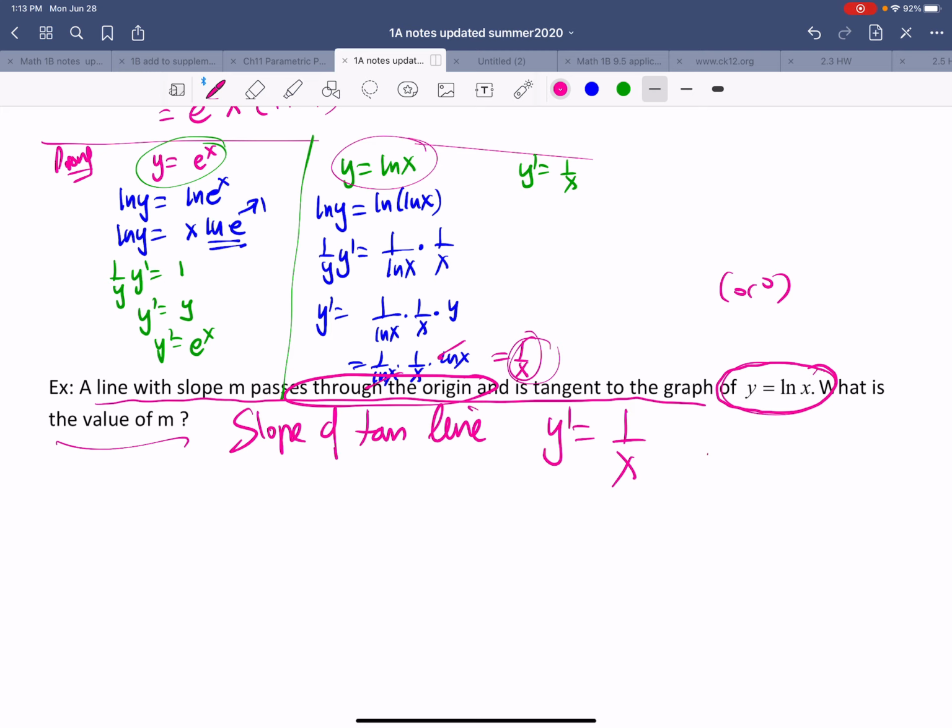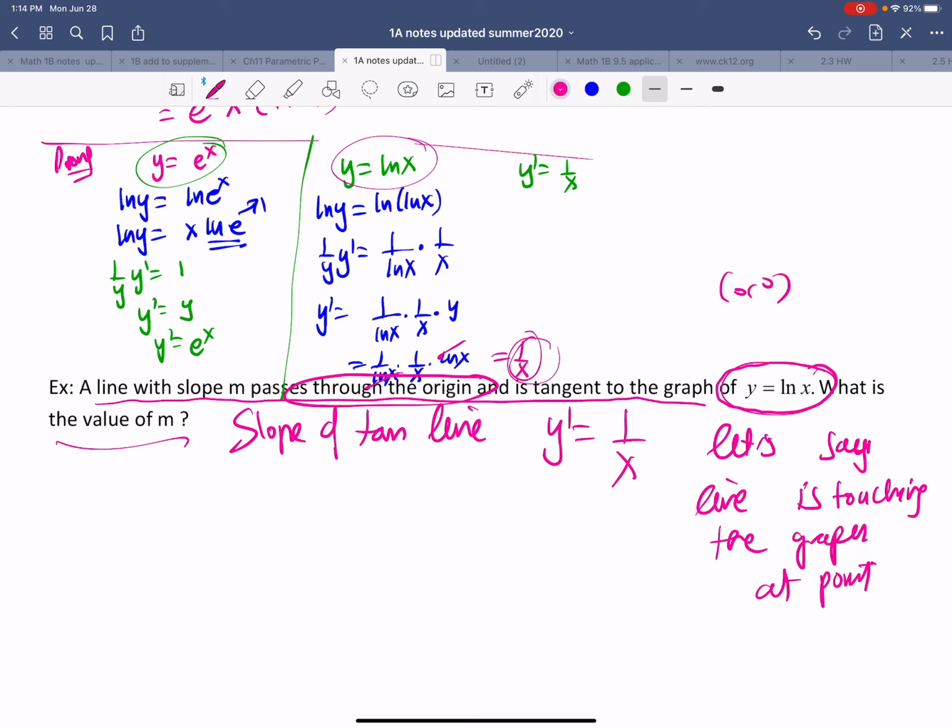So the line is touching the graph at the point where x equals a. If the x coordinate is a, the y coordinate will be natural log of a.